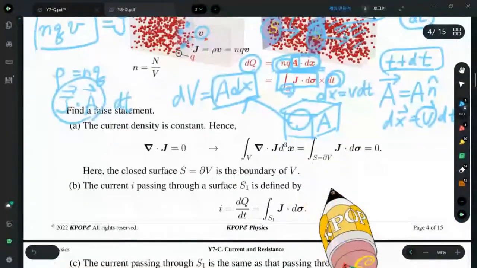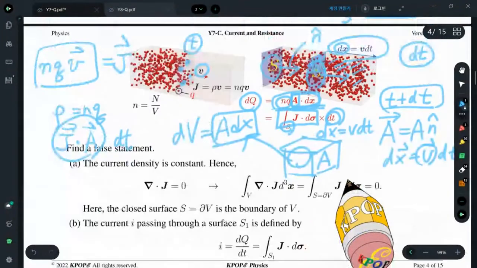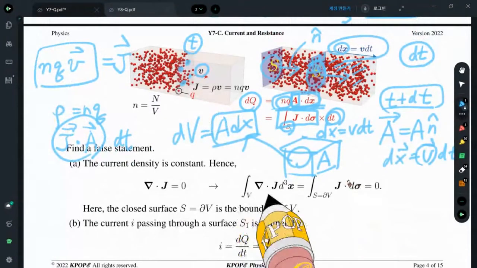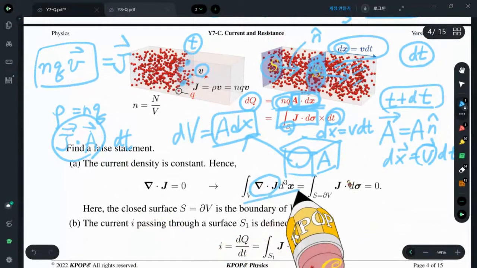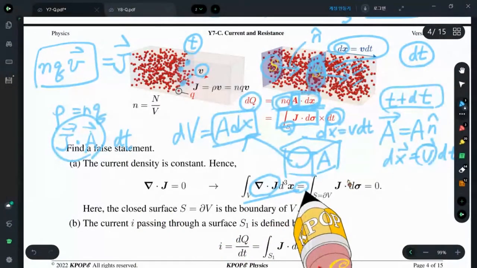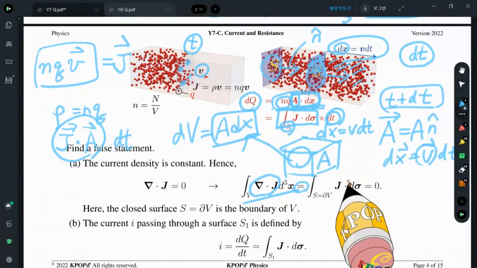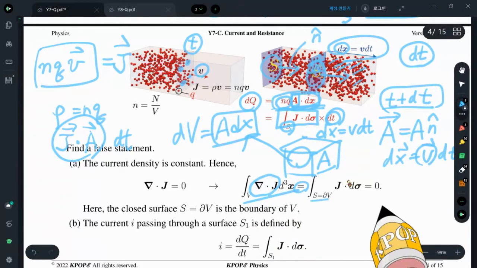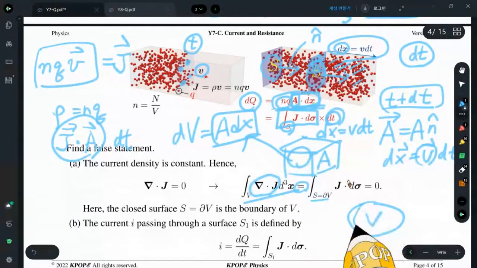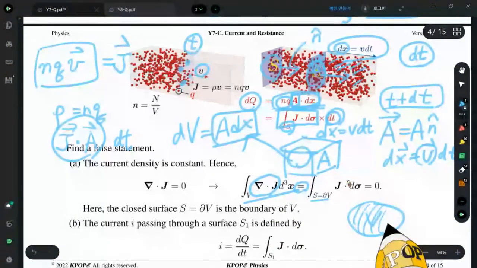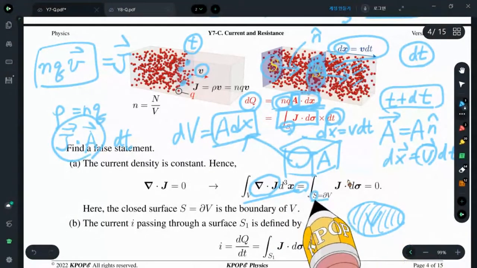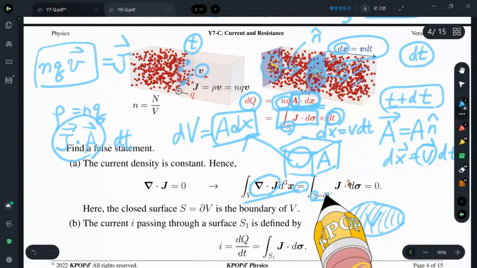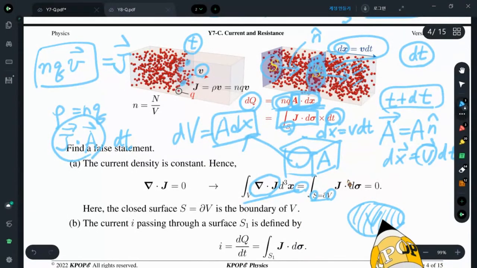All right, and then we next consider the divergence theorem. The divergence theorem says the volume integral of divergence J is always identical to the surface integral. This is an identity. There is a volume and there is a closed surface that is the boundary of this volume.